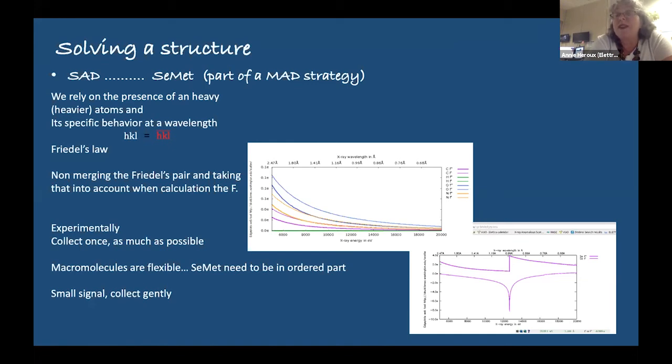Then redundancy is your friend. You want to be able to measure those reflections and, with all of the merging, get very accurate differences between your Friedel pairs.